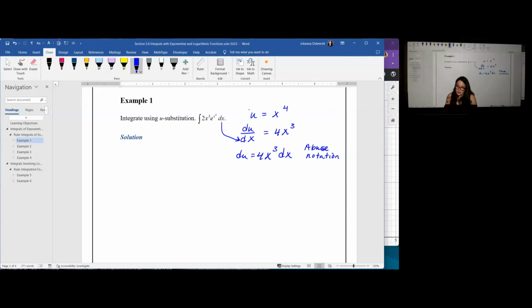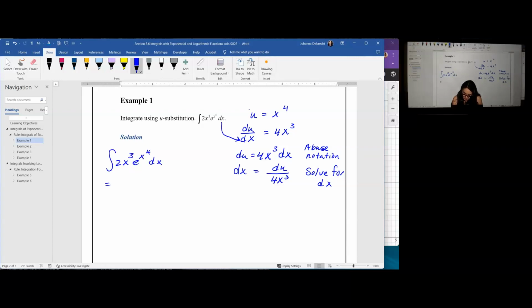In my case, I'm going to solve for the differential dx. This will give me du divided by 4x cubed. The next thing I want to do is substitute in the original integrand. So I had 2x cubed e to the x to the fourth power dx.